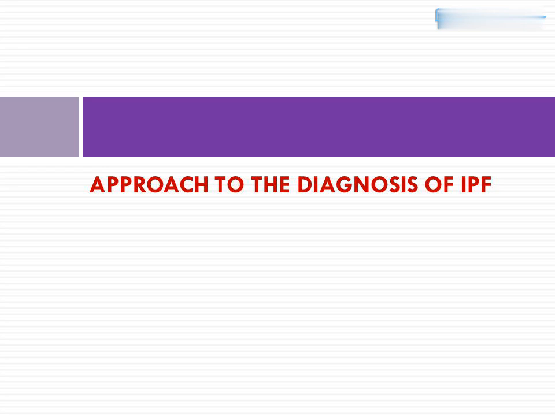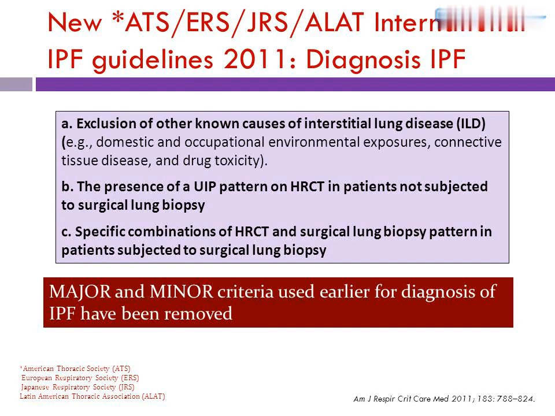Approach to the diagnosis of IPF. New ATS/ERS/JRS/ALAT International IPF Guidelines 2011, diagnosis of IPF. A. Exclusion of other known causes of interstitial lung disease, ILD, for example domestic and occupational environmental exposures, connective tissue disease, and drug toxicity. B. The presence of a UIP pattern on HRCT in patients not subjected to surgical lung biopsy.